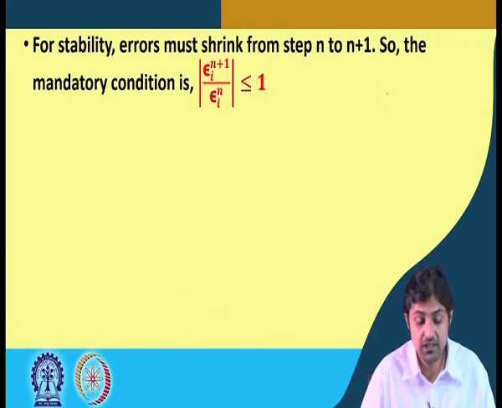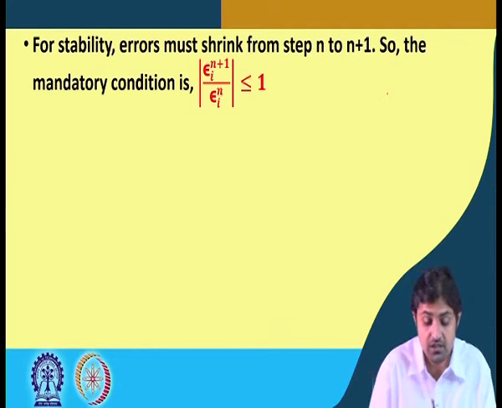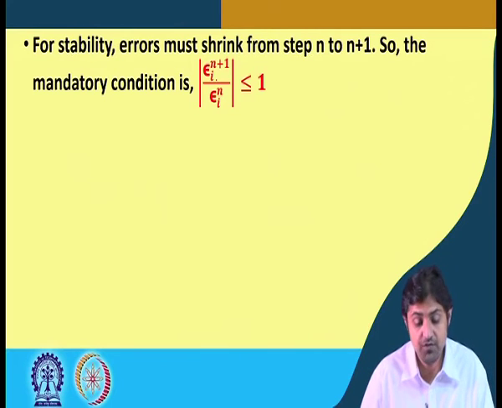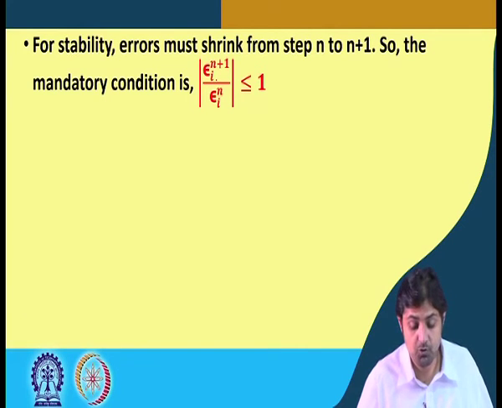For stability, the errors must shrink from step n to n plus 1. So the mandatory condition is epsilon_i at n plus 1 divided by epsilon_i at time n must be less than 1, because it is supposed to decrease.